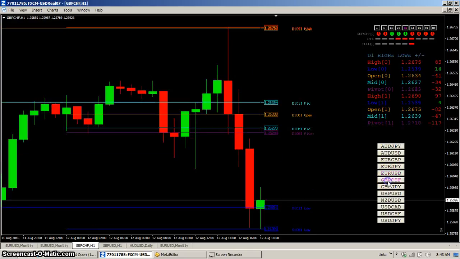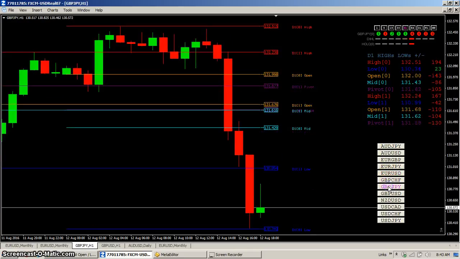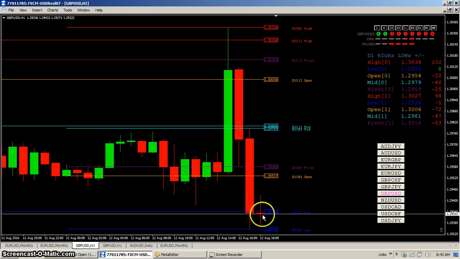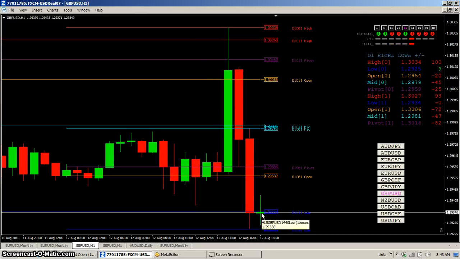Nothing on the euro, the pound franc H4, pound yen, pound dollar. Okay, you can see here we've got Holo trades. That's the H1 candle. Just went to green that quick. And it's right at yesterday's low.